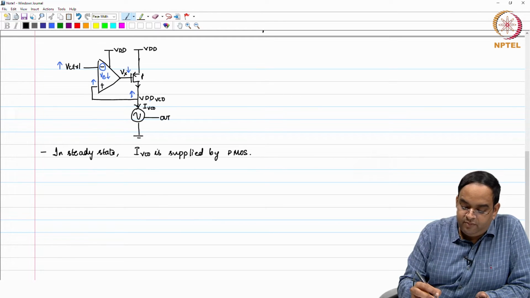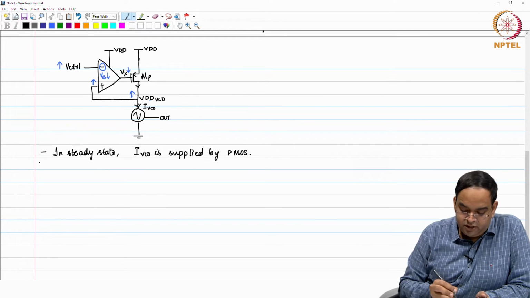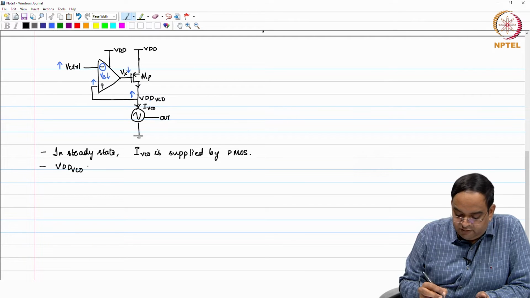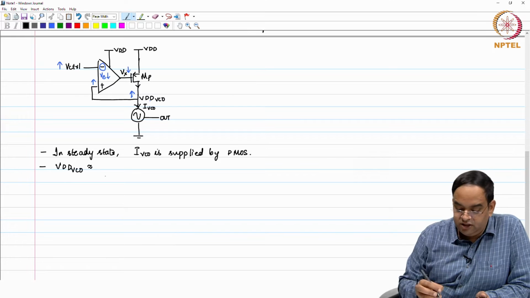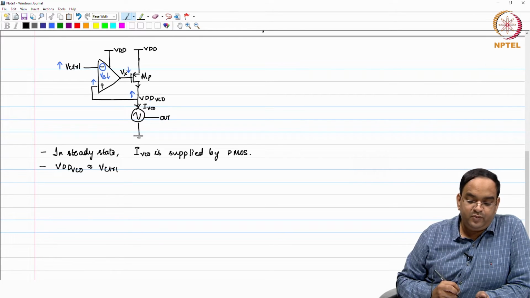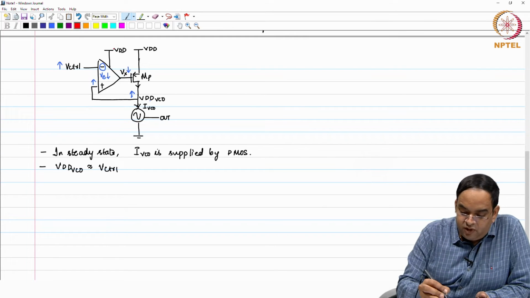Okay. MP, you can write it like this, and your VDD Vco is roughly equal to, depending on the gain of the amplifier, V control.